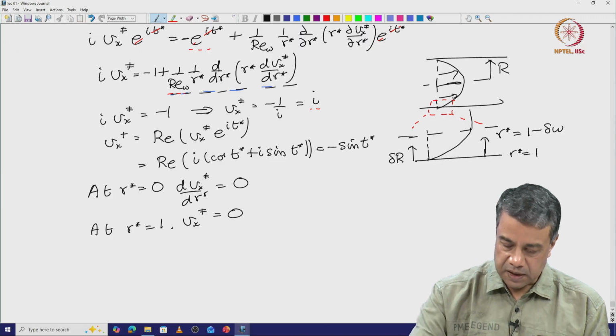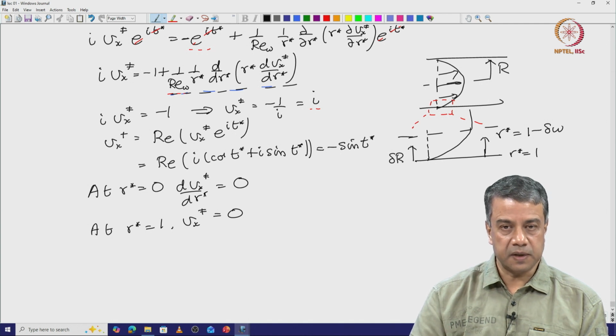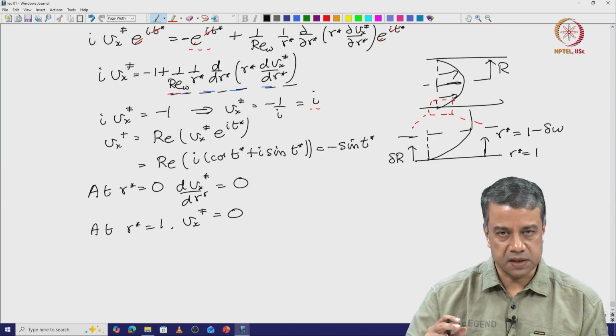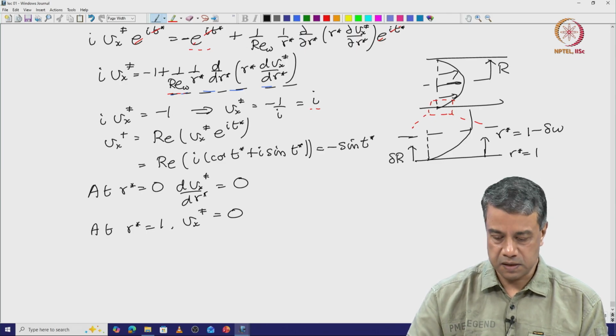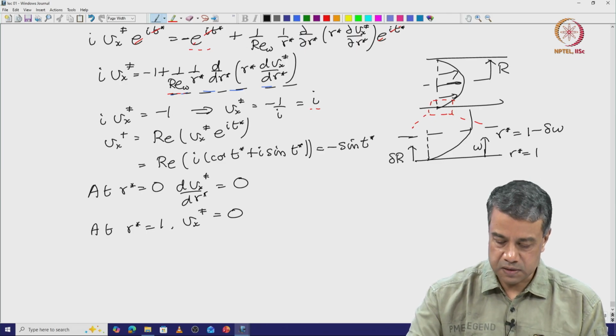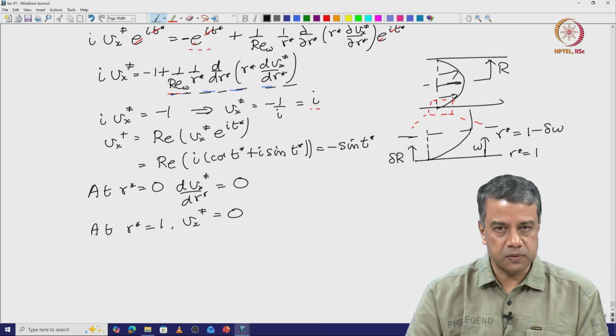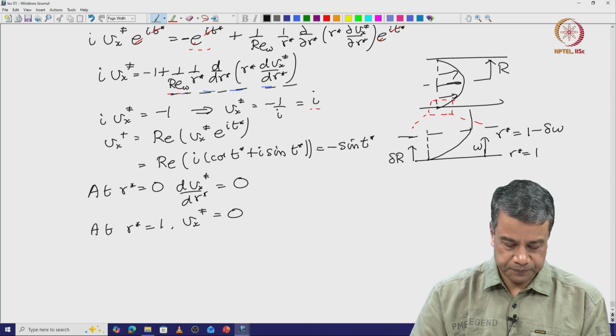Delta is a small parameter that gives you the thickness of that region. Delta decreases to 0 as Re becomes larger and larger. W is a coordinate that is order 1.